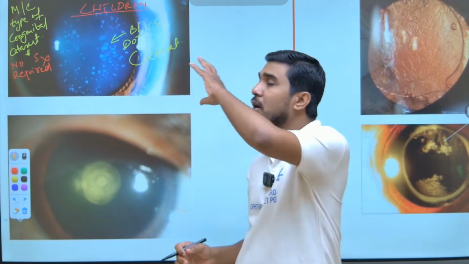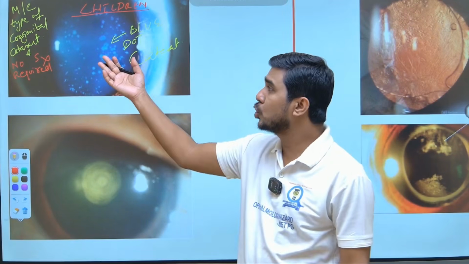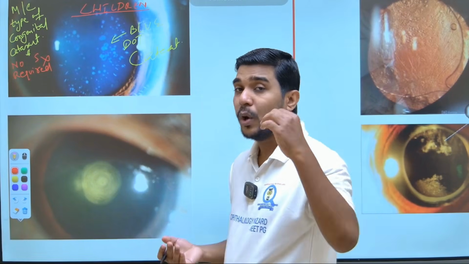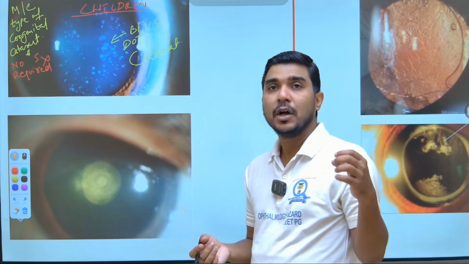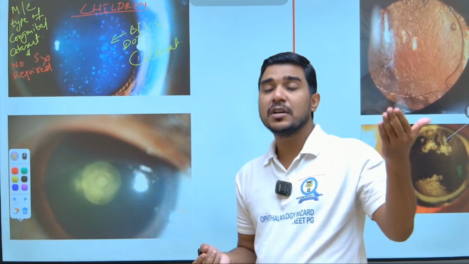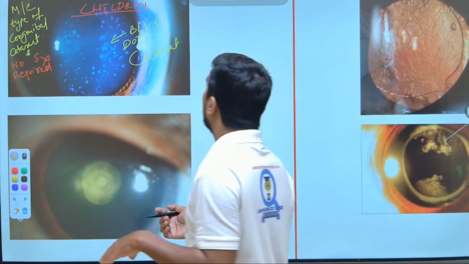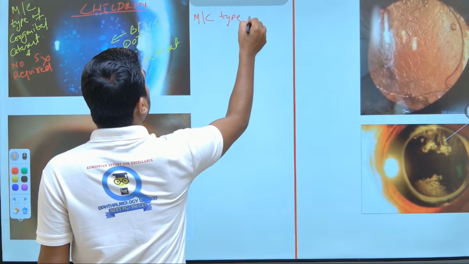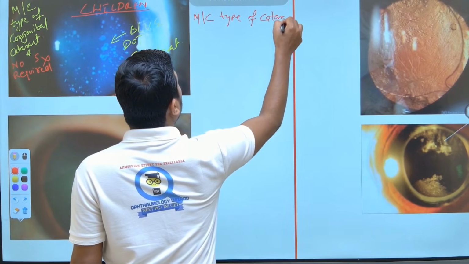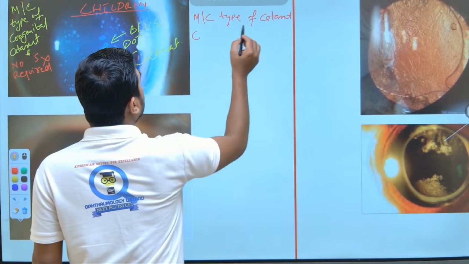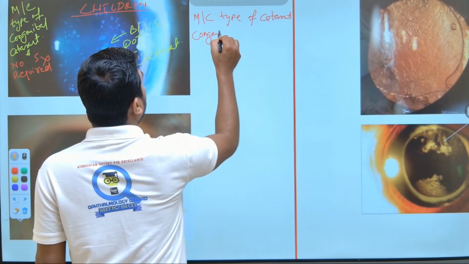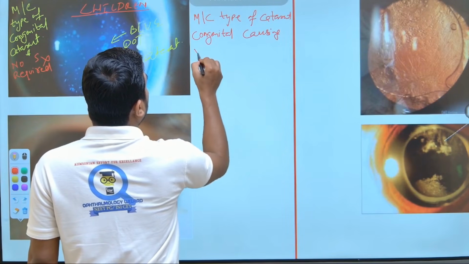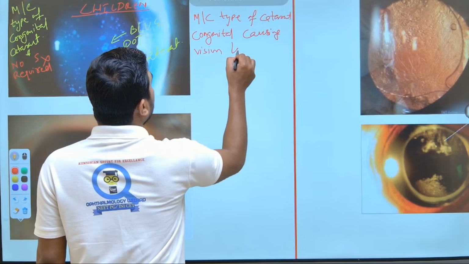Then if it does not cause visual disturbance and it is the most common type of congenital cataract, one question arises in my mind: what is the most common type of congenital cataract causing vision loss?